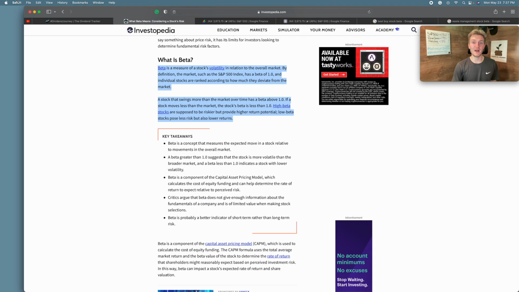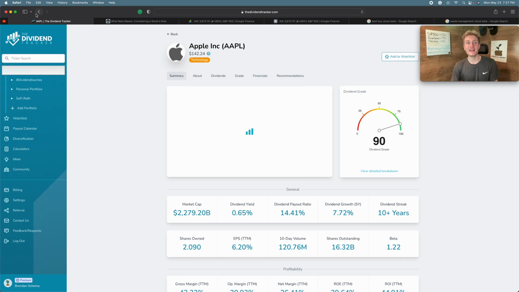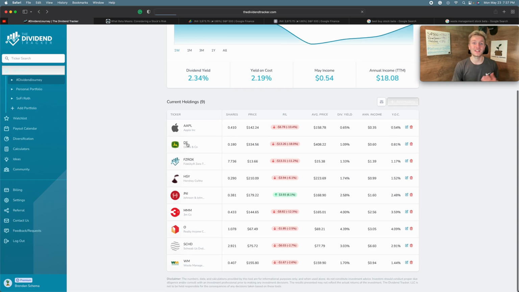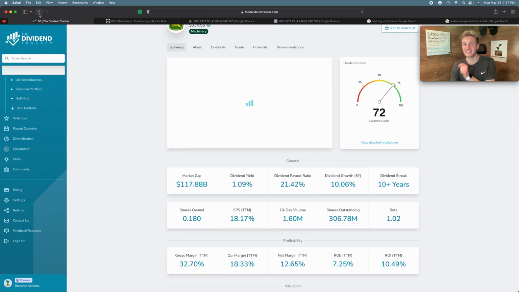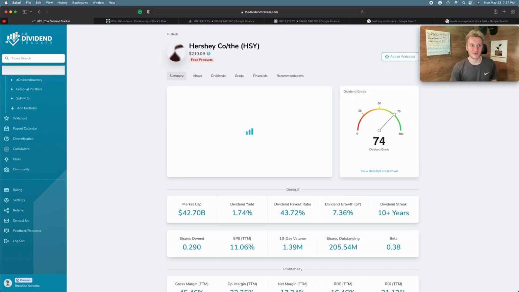So the companies that I have in my portfolio, like Apple and John Deere, have betas a little bit higher than that 1 mark. They're going to be down here on the right-hand side, Apple at 1.22, obviously moving a little bit more than the S&P, and then John Deere has a 1.02, moving just a slight hair more than the S&P. Now, we have Hershey with a super low beta of 0.38.